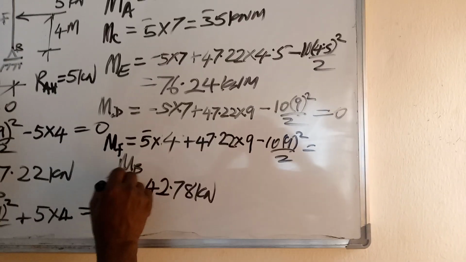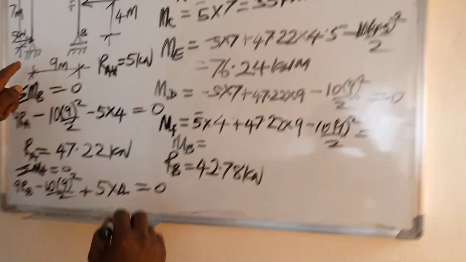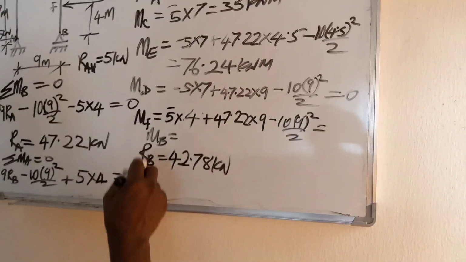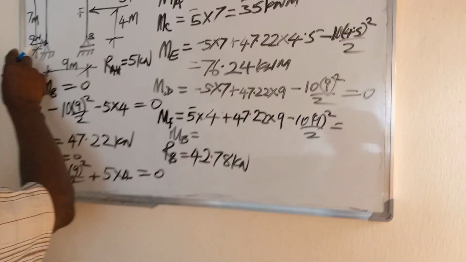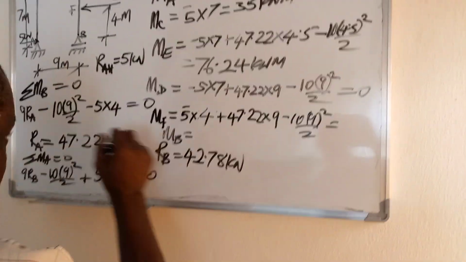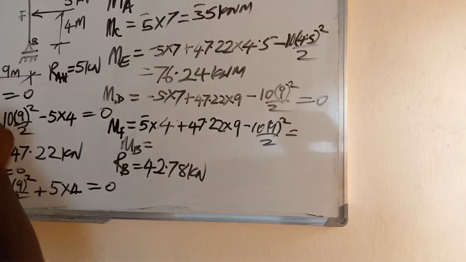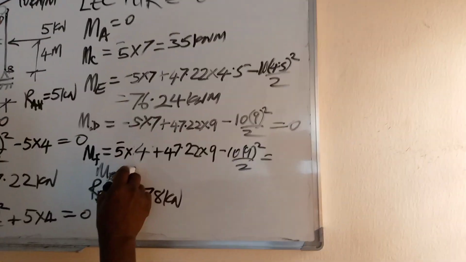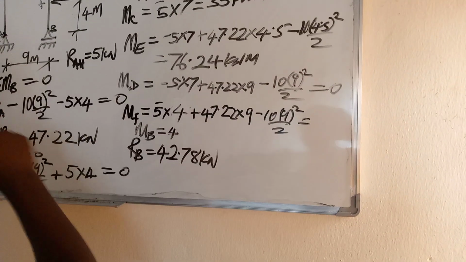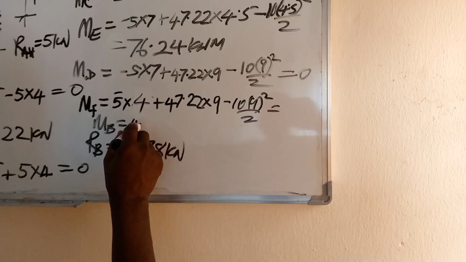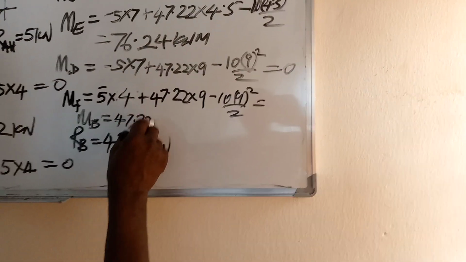So then at B, MB is equal to, the 5 will not bring in moment now. You have the vertical reaction, 47.22 times 9.